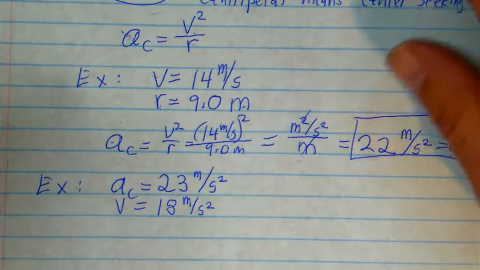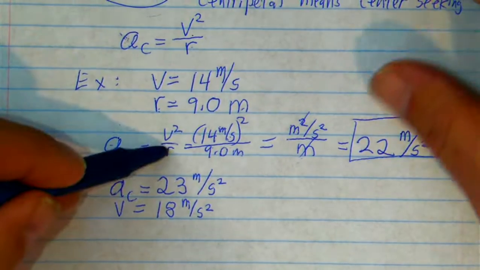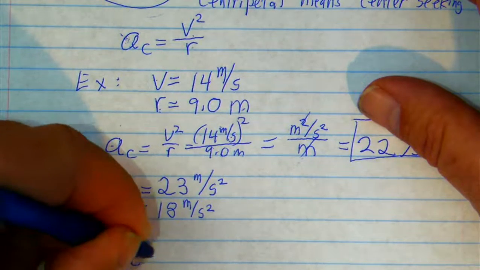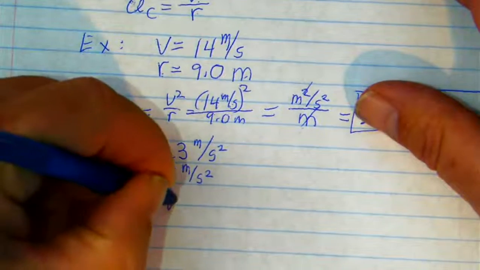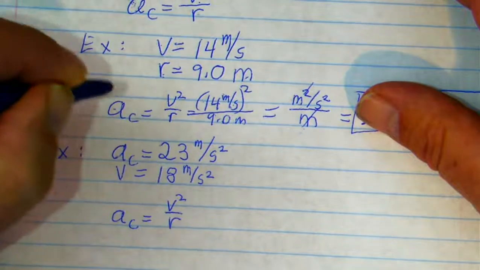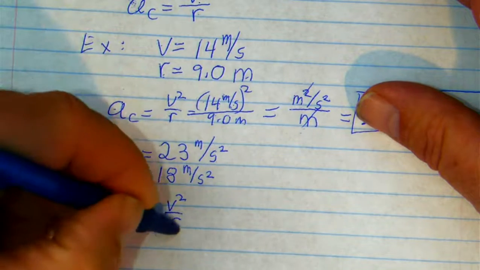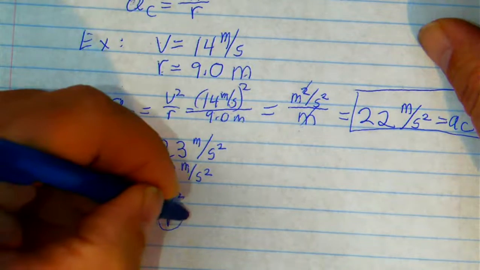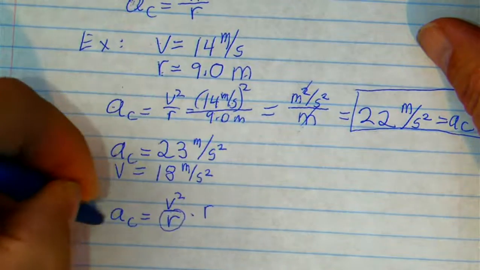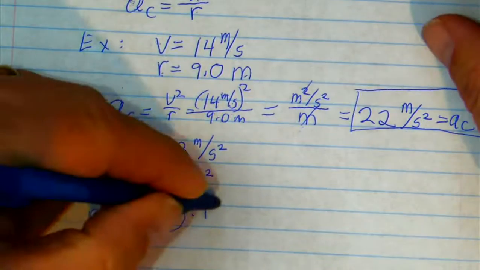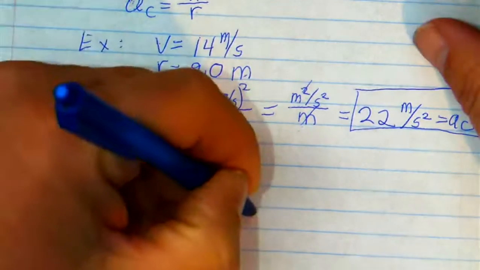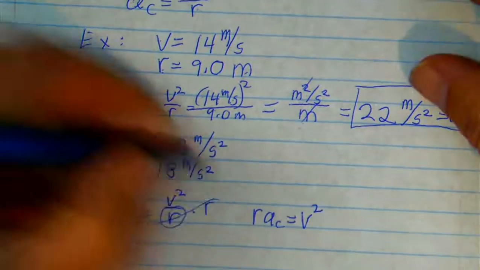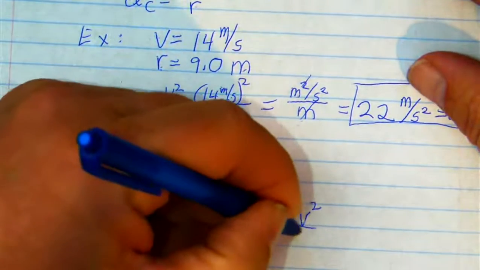Calculate, please, what would be the matching radius for this example. The formula, of course, is centripetal acceleration is equal to v squared divided by r, but this time we need to rearrange the equation to solve for r. I could do that in 2 steps by multiplying both sides by r, and then dividing both sides by the acceleration.